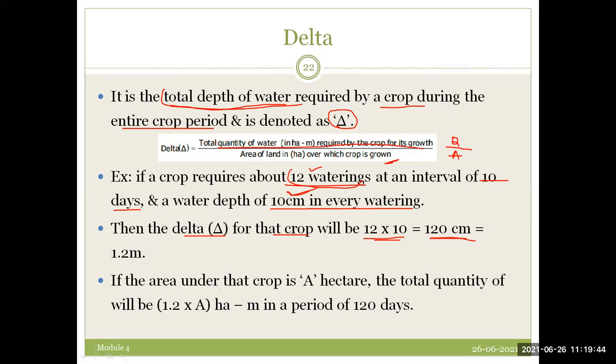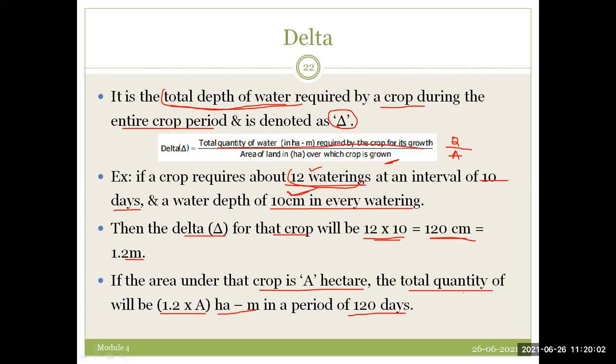Also, if the area under that crop is A hectare, then the total quantity will be 1.2 A hectare meter, as 120 centimeter is 1.2 meter, in a period of 120 days.